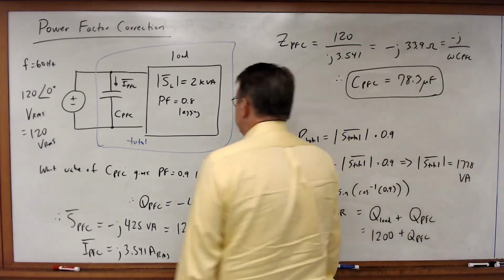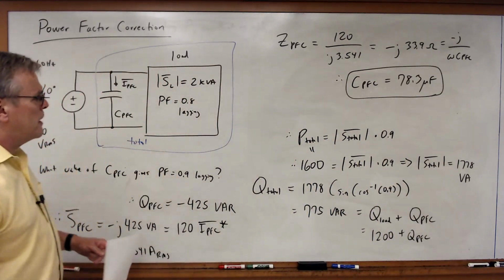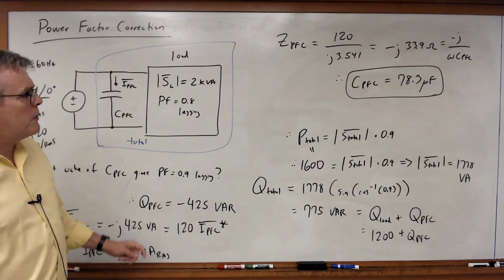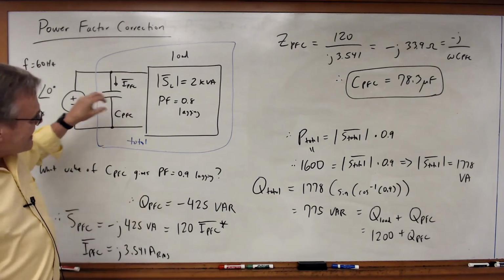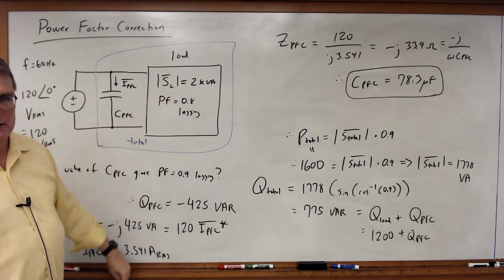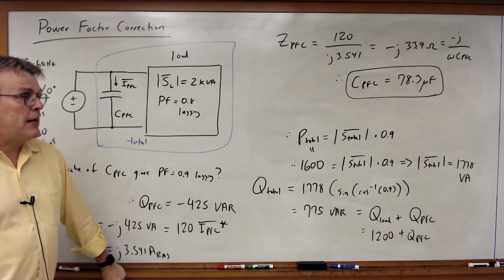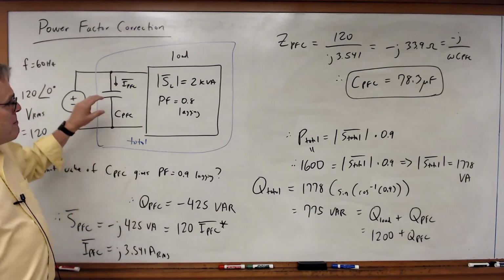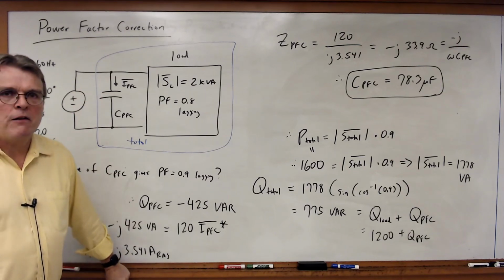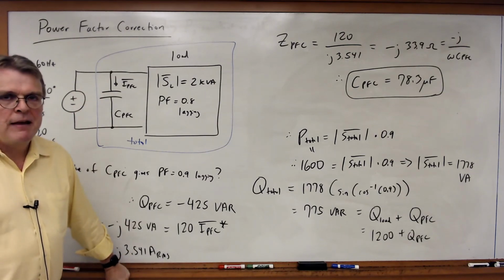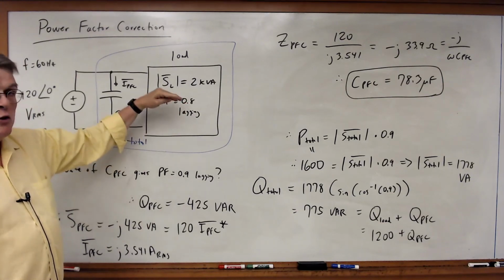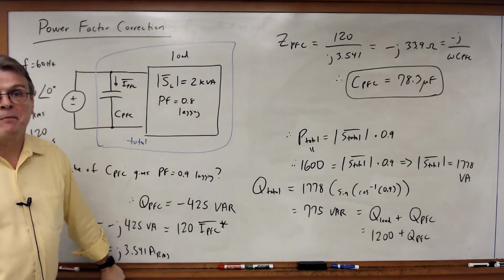So it's a kind of messy calculation going through every step here, but you can see how everything makes sense. You either completely cancel the reactive power to give you a power factor of unity, or you can partly cancel the reactive power to give yourself a power factor that is larger but not quite equal to unity.